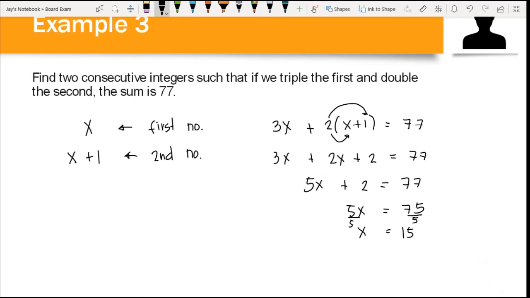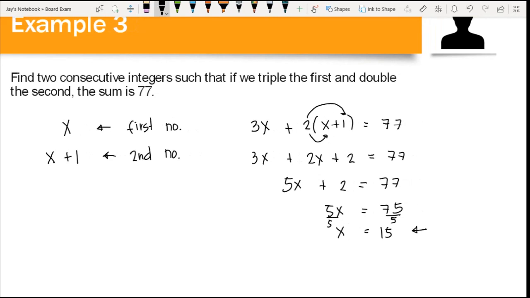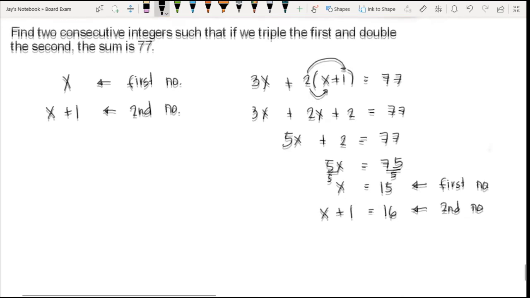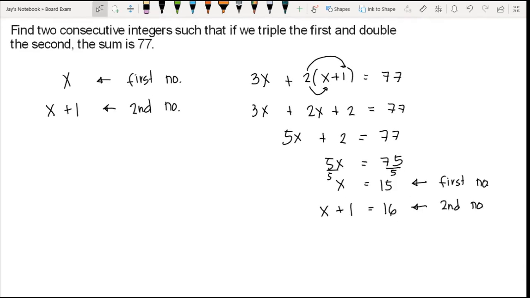Okay? Now 15 is our first number. For the second number, we have x plus 1. That means we have 15 plus 1. This would give us 16. So this is our second number. So our two consecutive integers are 15 and 16.